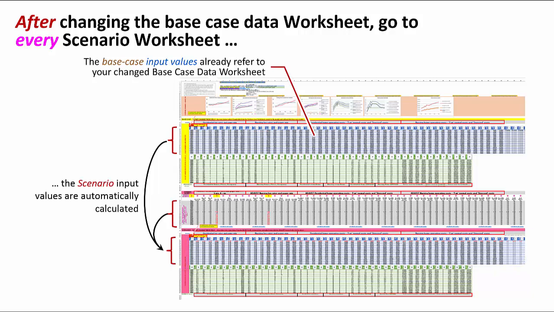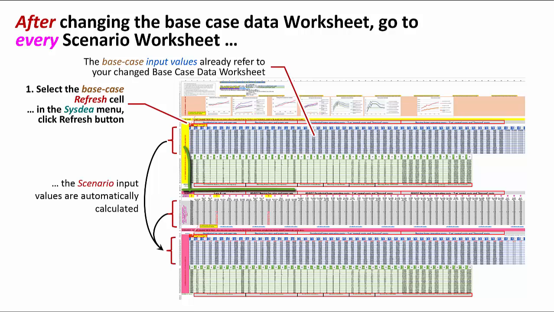However, you haven't actually calculated the results. How to do that, you first of all have to select the base case refresh cell at the upper left of the base case part of this worksheet. That's the magic cell which allows the Sysdea model to run and give you the results that then are reported in the green rows.